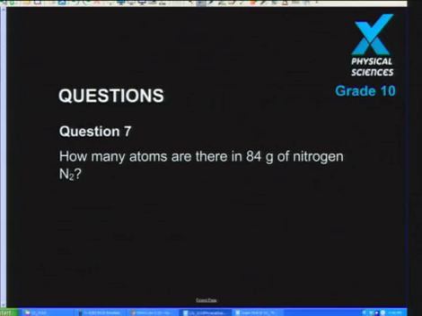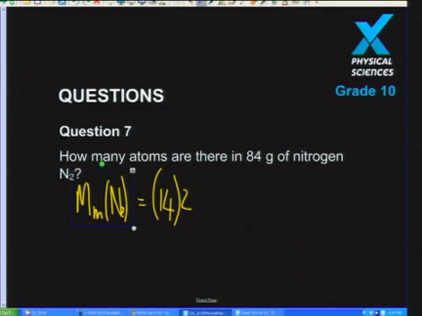How many atoms are there in 84 grams of nitrogen N2? Okay. Now, very interesting question. We start off by working out the molar mass of nitrogen, sorry, N2. And that's going to be equal to, well, I know each one is 14, and I've got 2 of them.